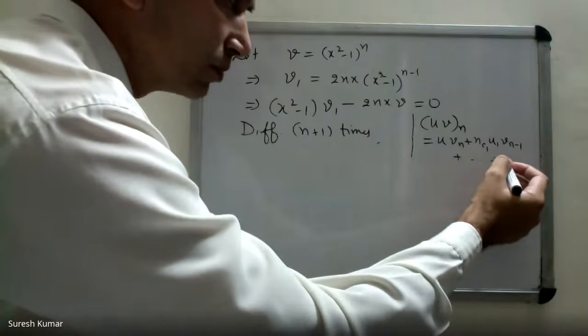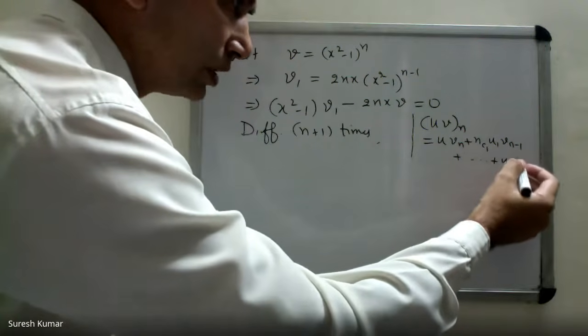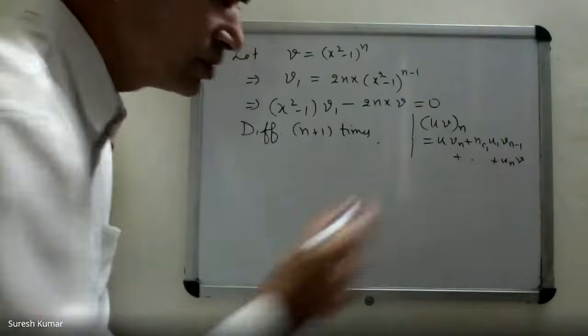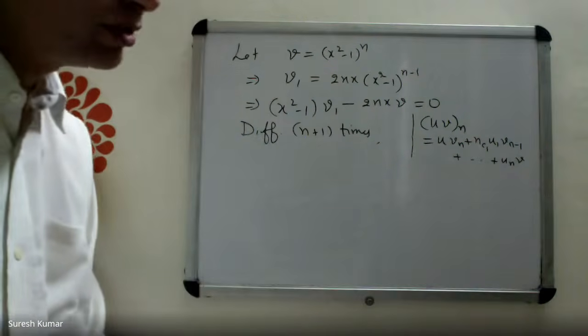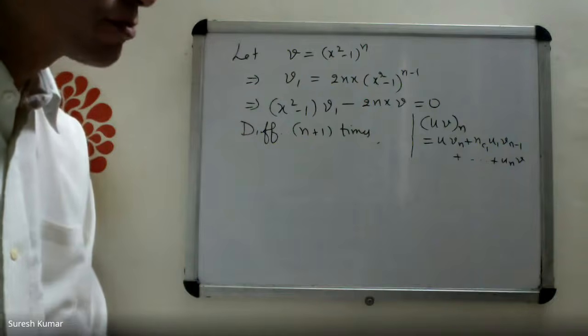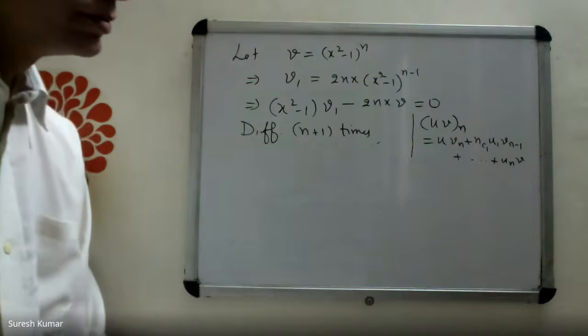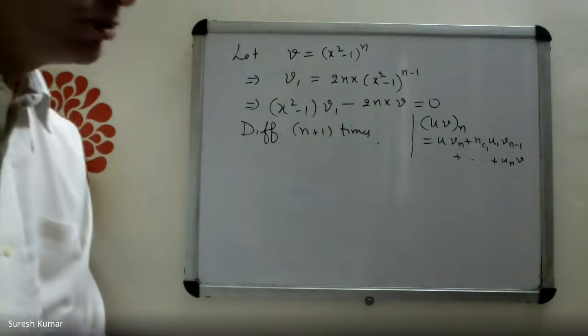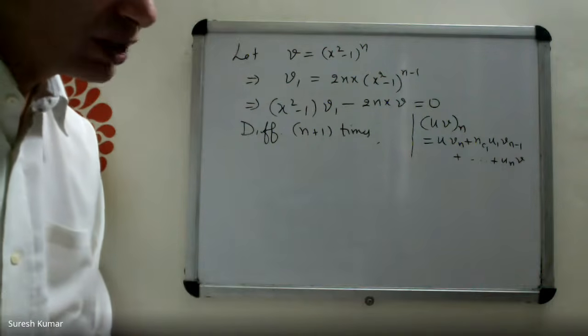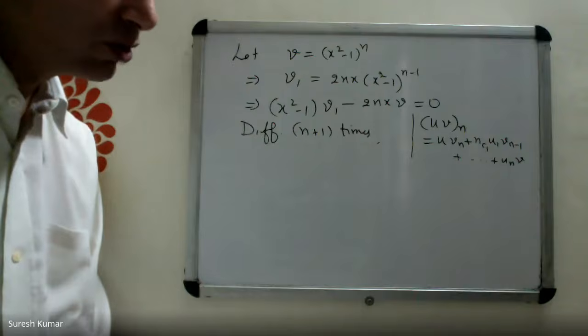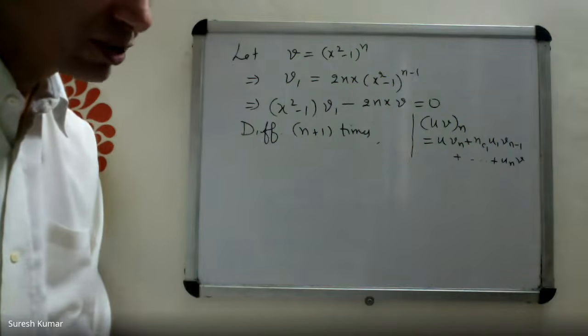Last is uₙ v. Here, the subscript stands for the order of the derivative. This is the formula for the nth derivative, meaning the derivative of any order, of a product of two functions u and v of x.